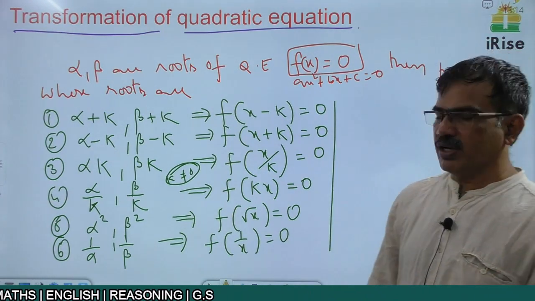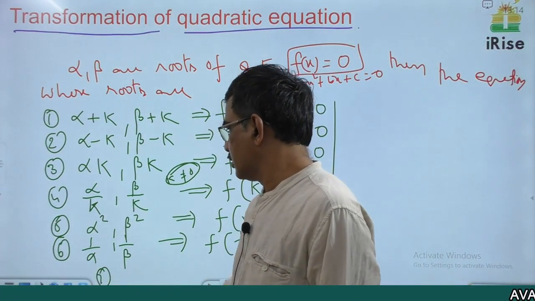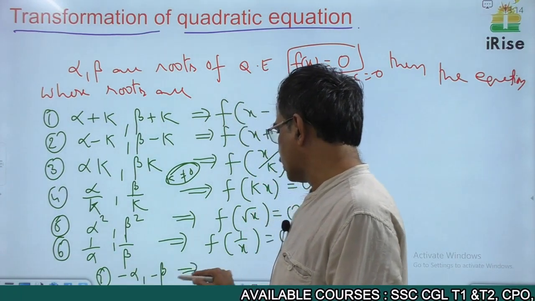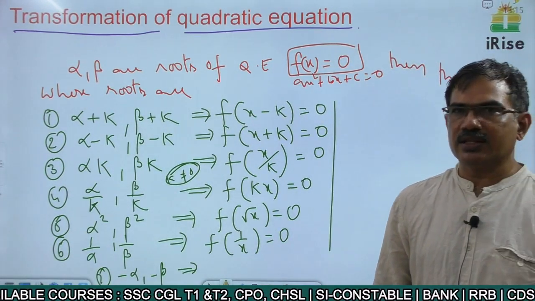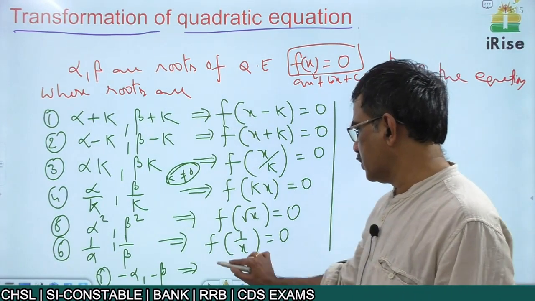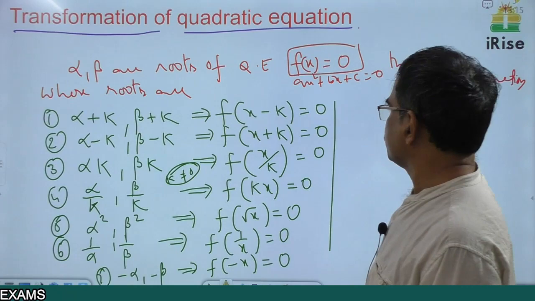X is replaced by 1 by x. Point number 7: if minus alpha comma minus beta are the roots, then the equation is f of minus x is equal to 0.